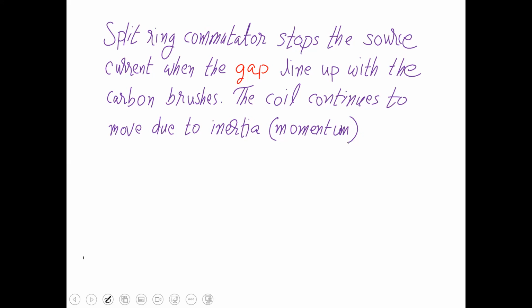Now copy it completely. Copy this screen. Have you copied it?